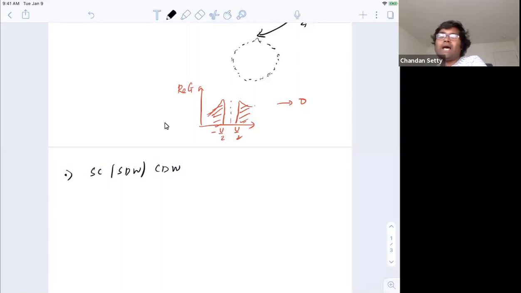The question I want to ask in this talk is whether or not it's possible to study the problem of an instability of a Luttinger surface. Now, a priori, that problem may not even be well defined simply because you have infinite interactions, you do not have a Fermi surface.